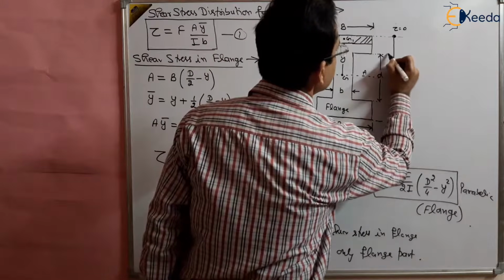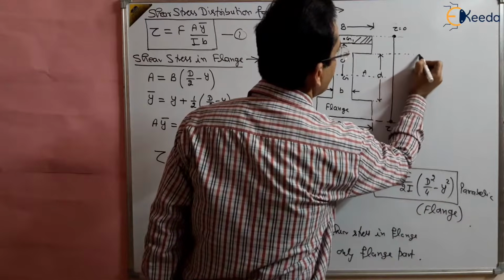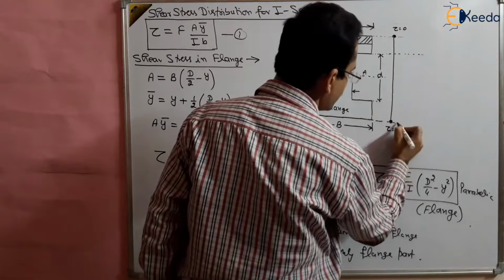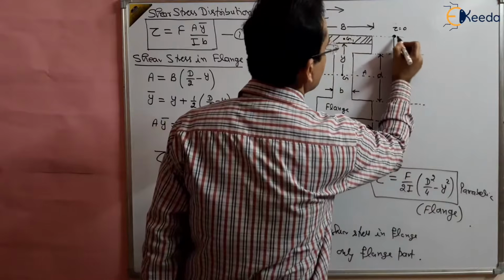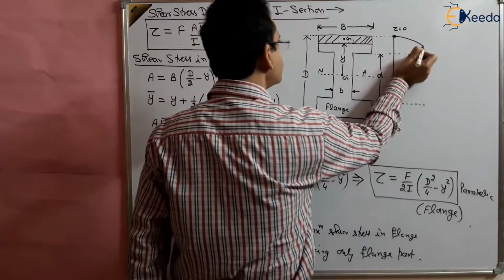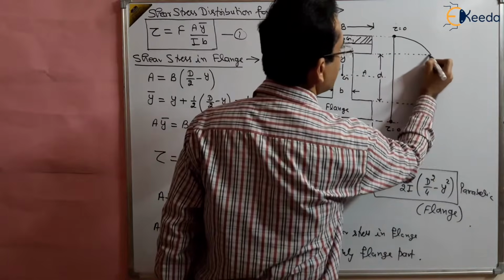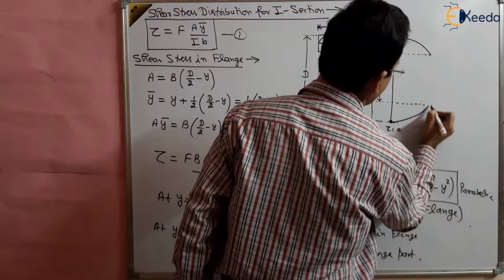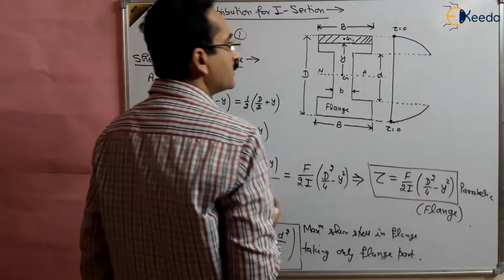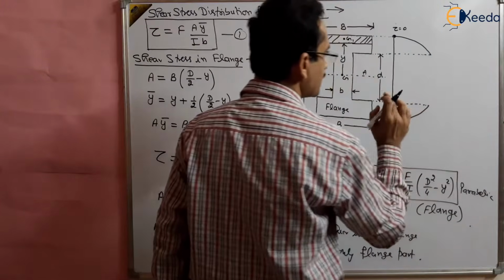So at the flange we are getting some shear stress like this, right? Here, like this. This is the maximum value of shear stress in the flange only.